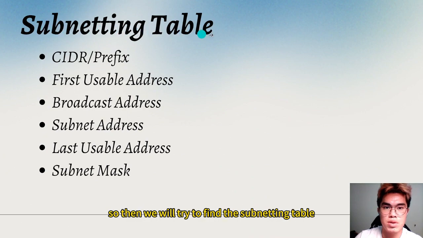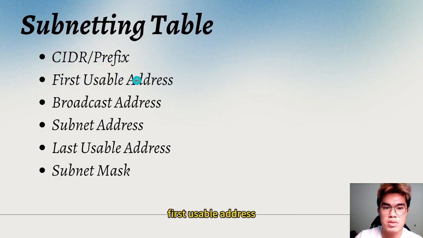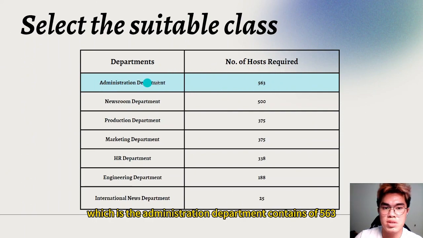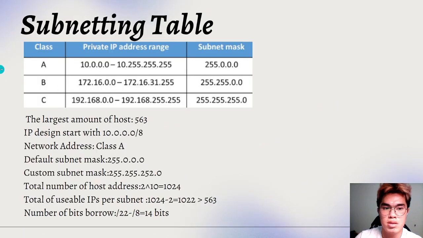Then we will try to find the subnetting table. The content of it will be the CIDR prefix, first usable address, broadcast address, subnet address, last usable address, and subnet mask. We will first select the largest host requirement, which is the administration department, consisting of 563.